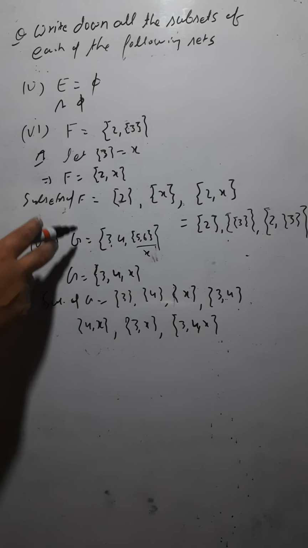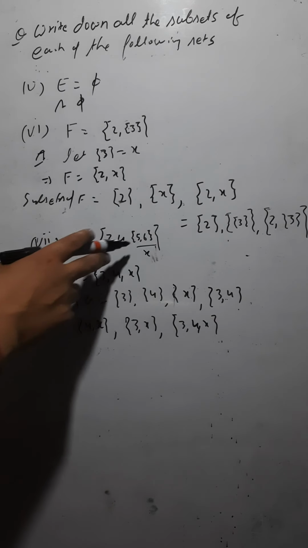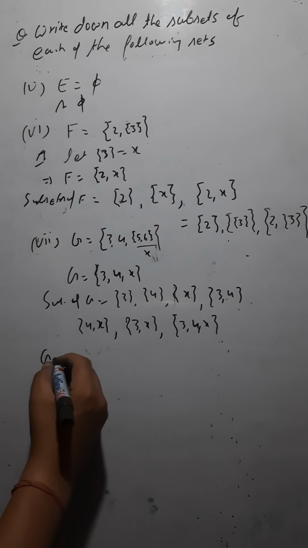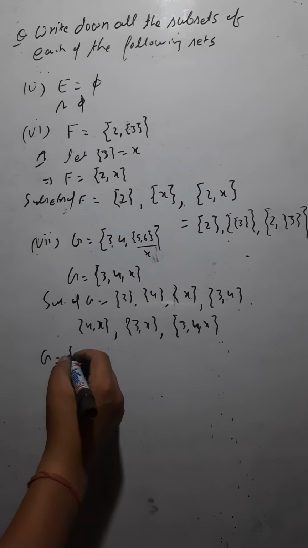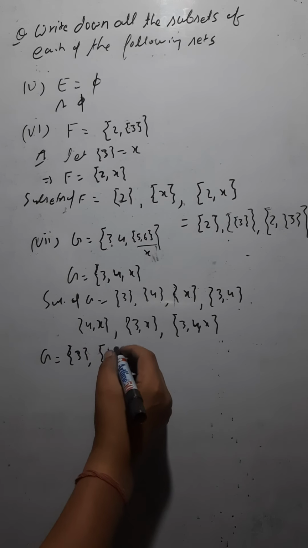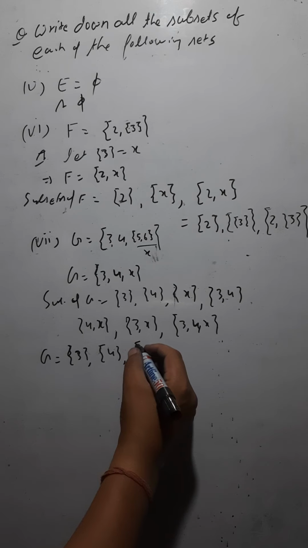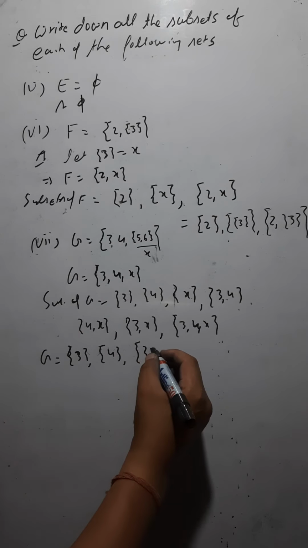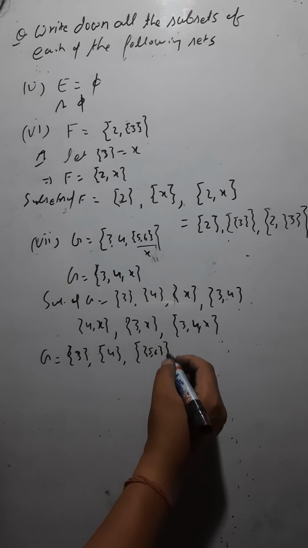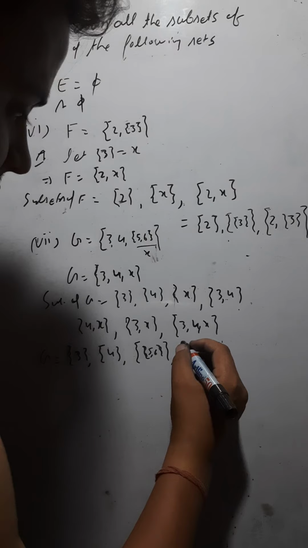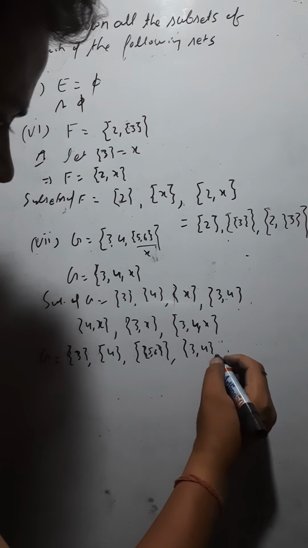Now put the value of X. X is what? X is 5, 6. So in place of X, write there 5, 6. So if you see the possible subsets of G, the first one is 3, second one is 4, third one is set inside the set, in place of X you would write there 5, 6. So 5, 6, then again the set symbol. Okay. Then next one is what? 3, 4, isn't it?